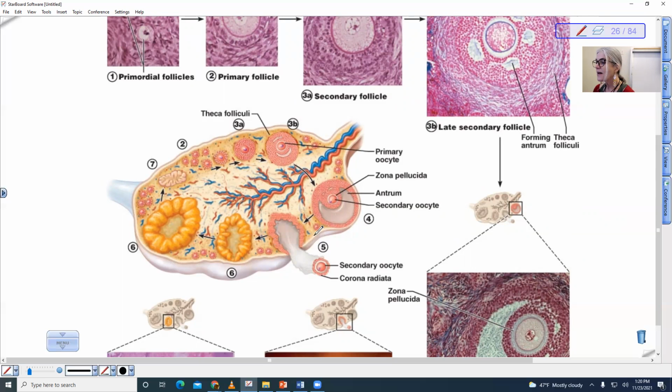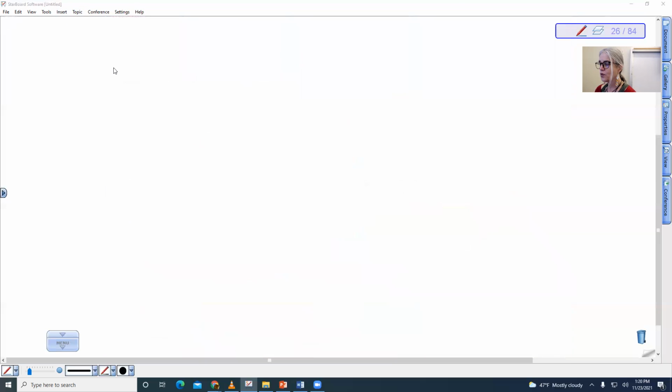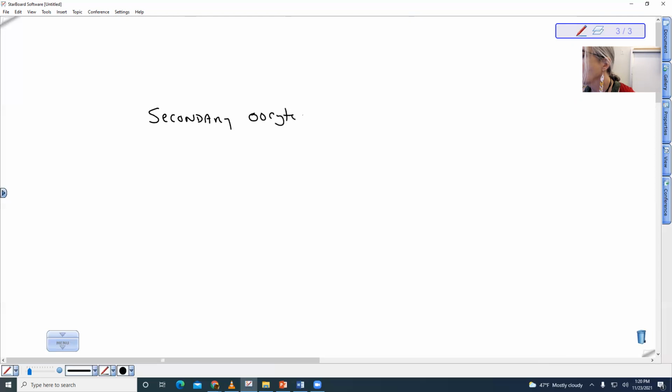Let's talk about a little more detail about the secondary oocyte. Let's go to the whiteboard. Okay, so we develop a secondary oocyte. Let's write this down. It has a fluid-filled antrum.